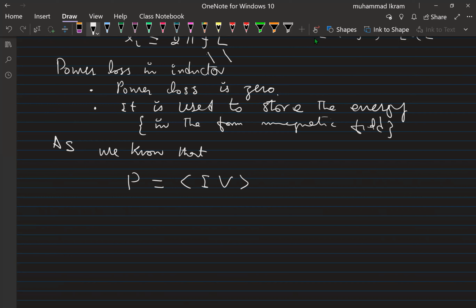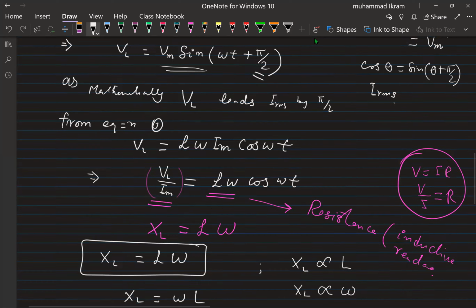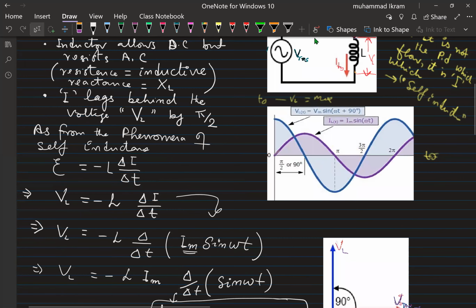During the first half cycle, the voltage is positive and the current is negative. Therefore, the power supplied is negative. But okay, let us see. Look at this diagram only.